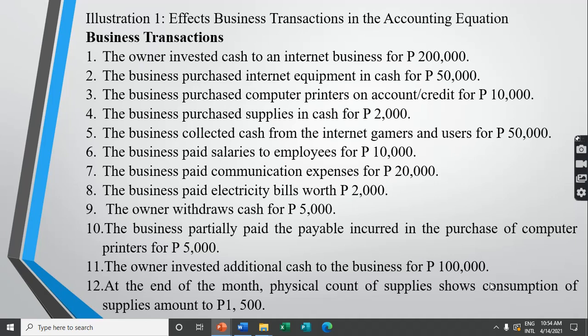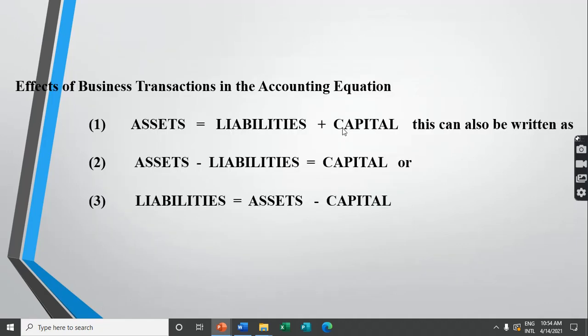So, we will go through these one by one. We will analyze what these transactions are. Okay? Let's start by looking at the effects of business transactions in the accounting equation. The original accounting equation is asset is equal to liabilities plus capital.